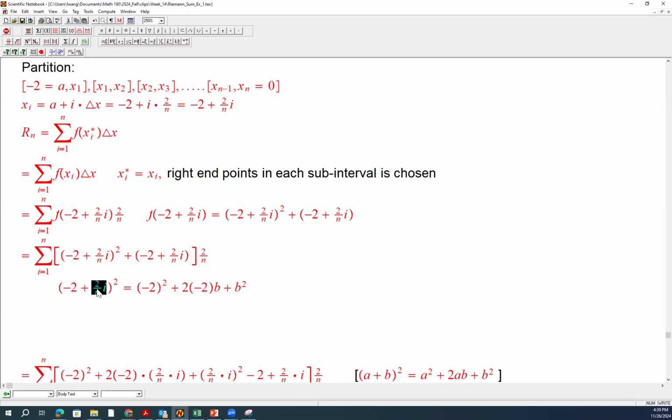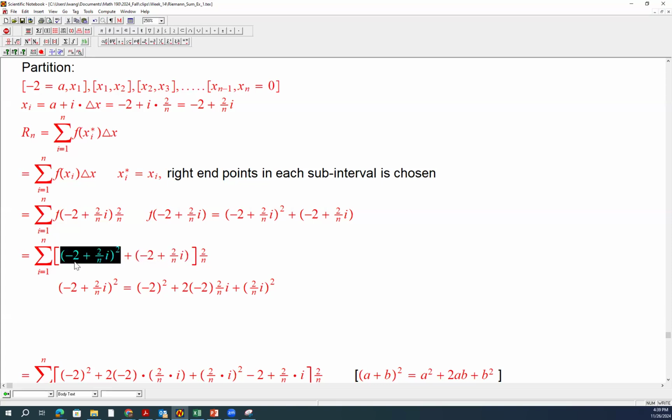Everywhere b will be substituted by its equal, which is that piece, but it needs to be squared properly. See how the basic algebra is used here. And the second part, of course, is just a direct substitution of x sub i.